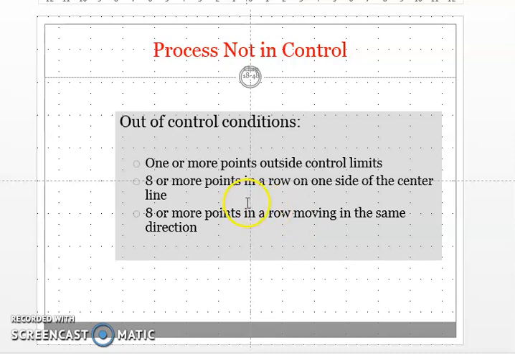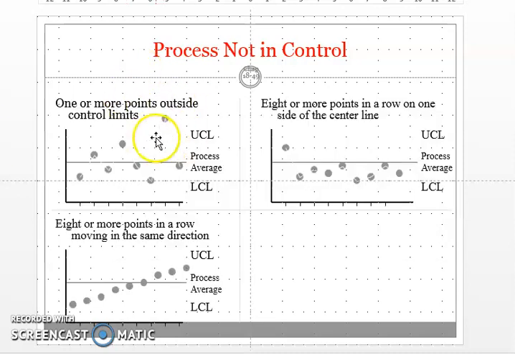Then we can say that the process is out of control. Let us see how the graph looks when one or more points are outside the control limits. This is also called extreme variations, when most of the points are near the control limit or above the upper control limit or below the lower control limit.